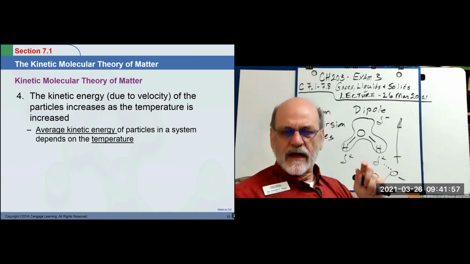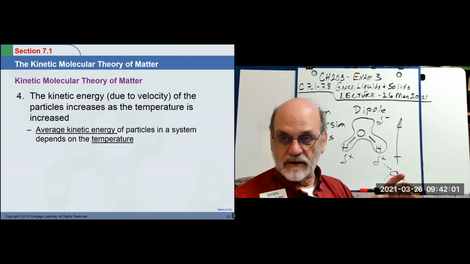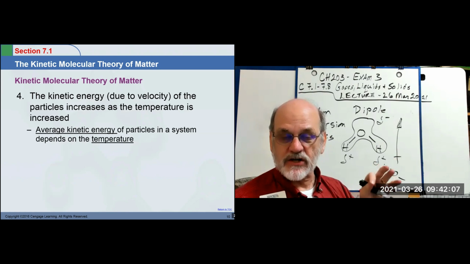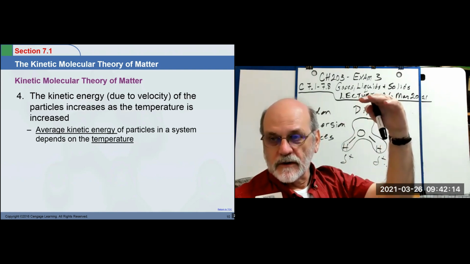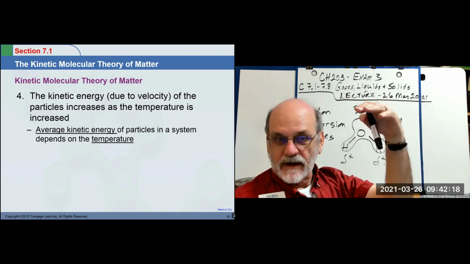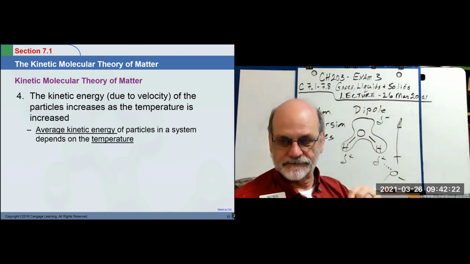Okay, so how do we get this kinetic energy of molecules to change? One way is through the addition of energy and a change in temperature. So if you increase the temperature of your matter, whether it's a solid, liquid, or gas, then you will increase the kinetic energy of the particles in that system.